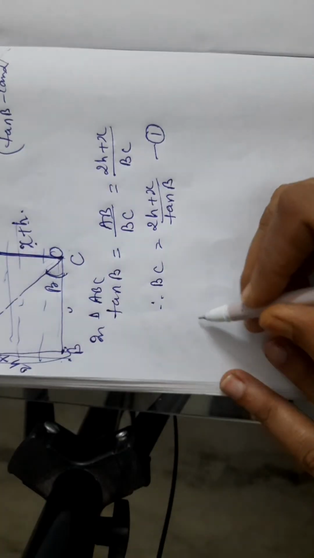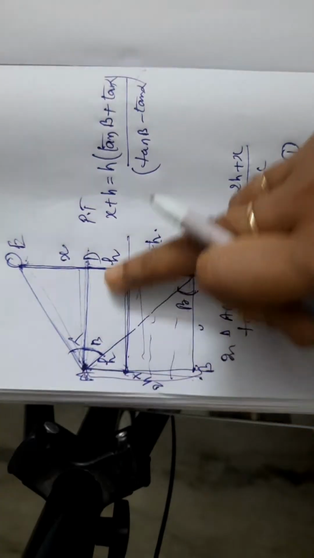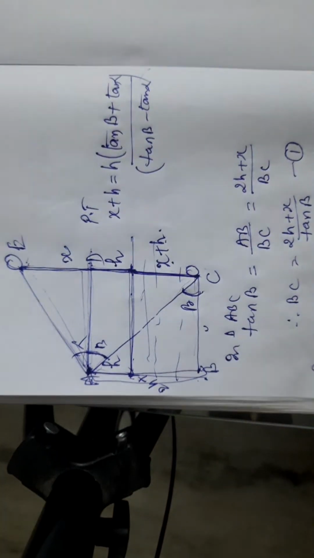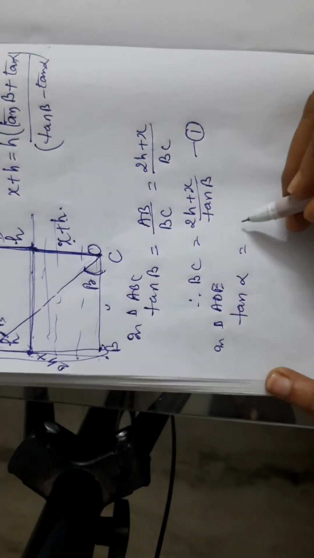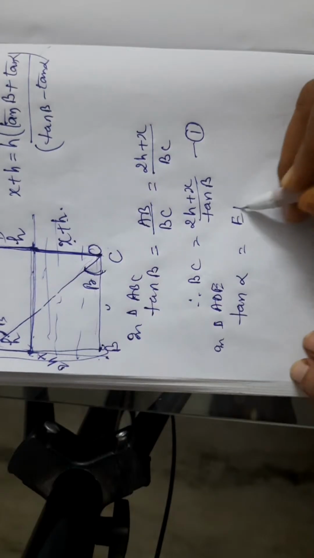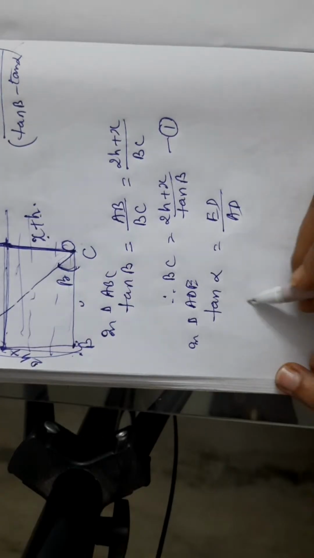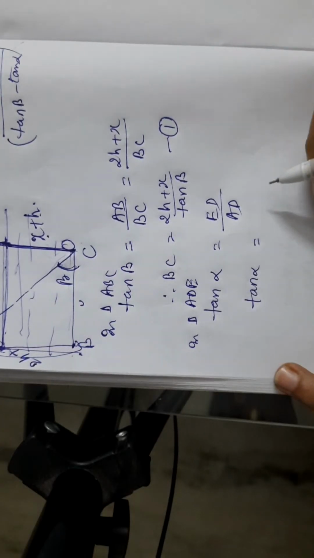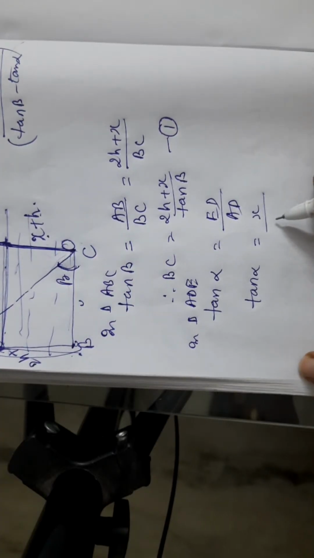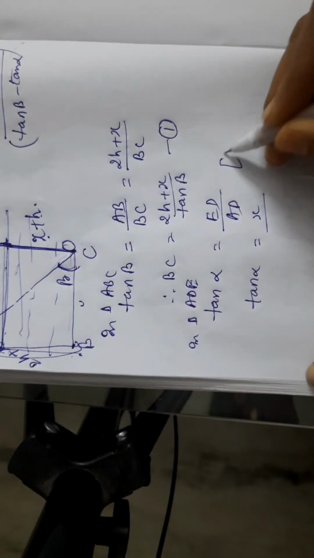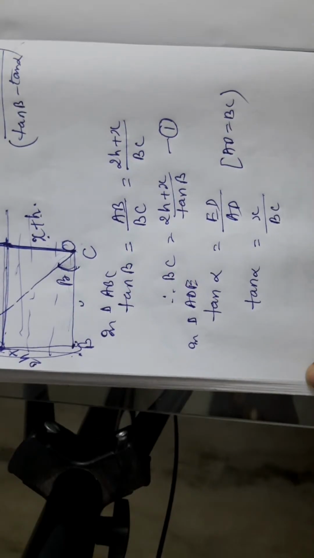Now tan alpha. In triangle ADE, tan alpha is perpendicular ED upon AD. ED is x, and the value of AD is equal to BC, so I am replacing AD with BC.